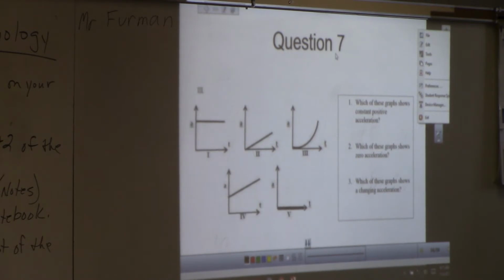All right, so we're looking at some acceleration graphs. Which of these graphs shows constant positive acceleration? How do you get acceleration from an acceleration graph? The y-axis. And so what do you want the y-axis to be doing?